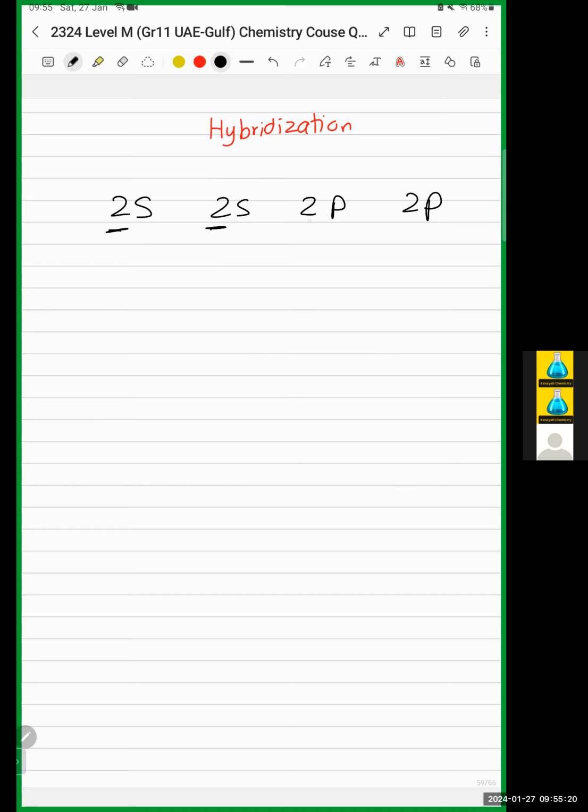This is s in the second, this is p subshell in the second, and p subshell in the second. So how many orbitals do I have? I have 4 orbitals. I want to change them into 4 orbitals that have the same shape and the same energy, so they can bond with the 4 hydrogen atoms.